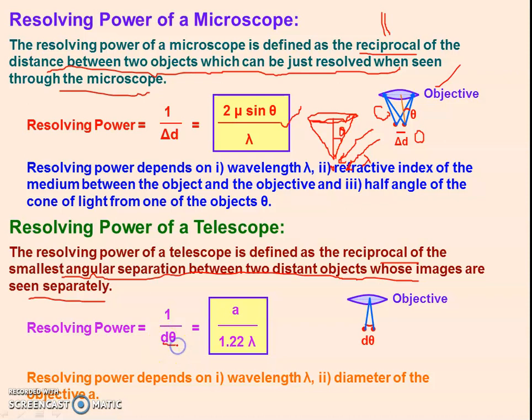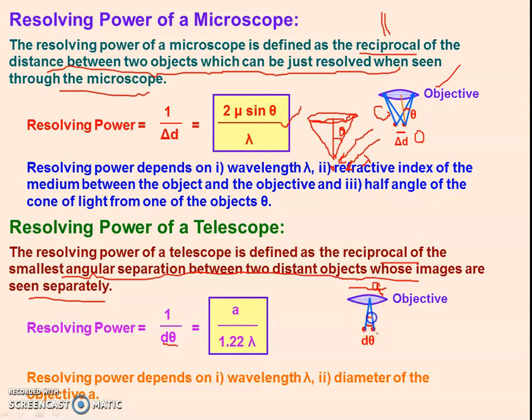This is angular separation. This is equal to A divided by 1.22 lambda. Now what is A? A is the diameter of the objective lens. This is the diameter of the objective. And there are two objects, 1 and 2.